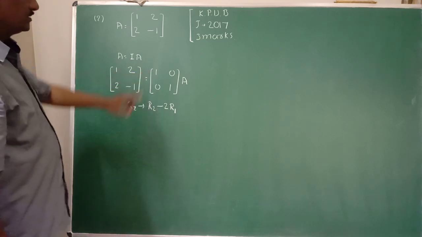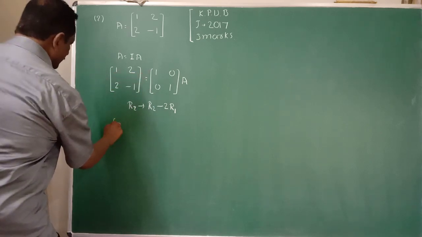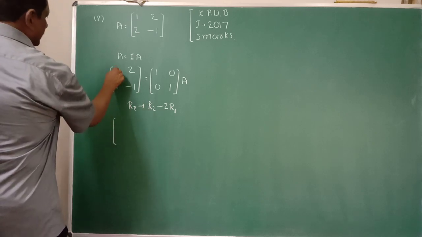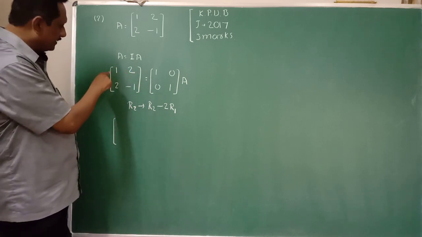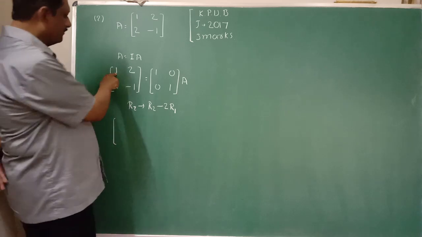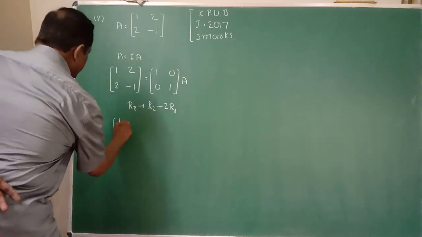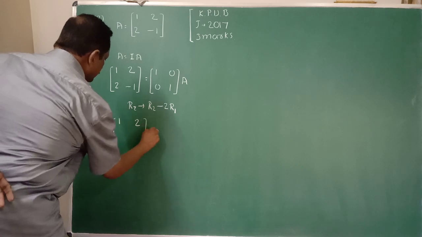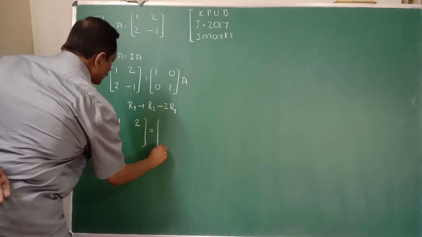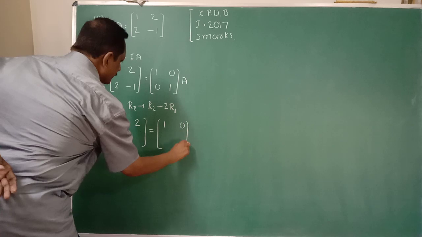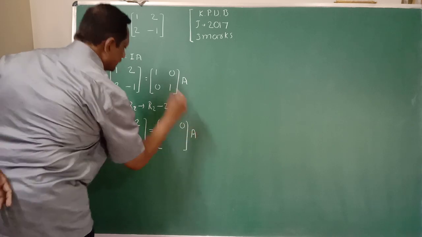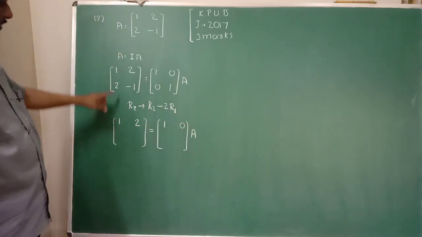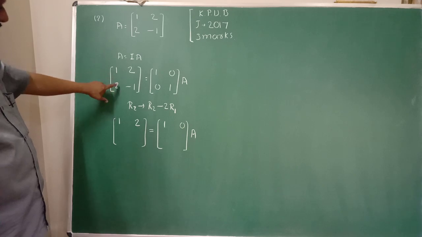Keep the first row as it is, because there is already 1 here and we want an identity matrix. So the first row stays 1, 2, and even on the right side it is 1, 0, into the matrix A. Multiply by 2 and subtract here.